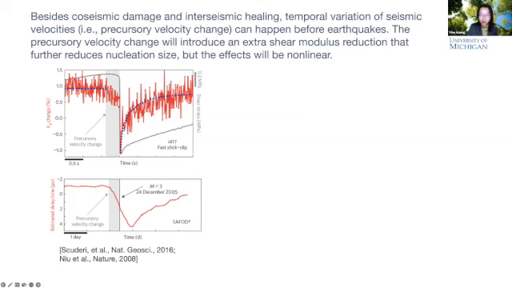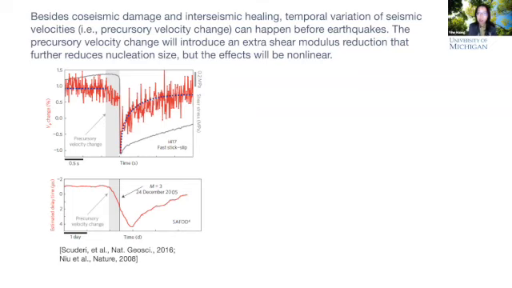And this kind of precursory velocity change has also been observed, for example, in the SAFOD project. This is a precursory velocity change observed within like half a day before a 2005 magnitude 3 earthquake. And here we know that when we have this precursory velocity change, this can introduce an extra shear modulus reduction that further reduces the nucleation size.